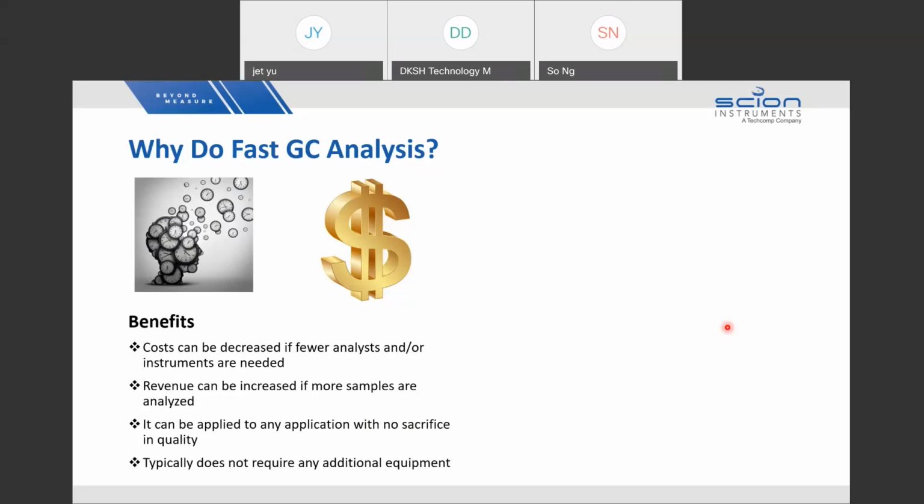But for fast GC analysis, there's no additional equipment. It's purely method development. All these benefits drive many users to look for faster GC analysis.